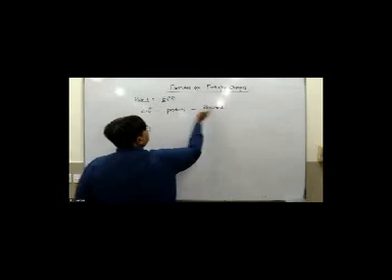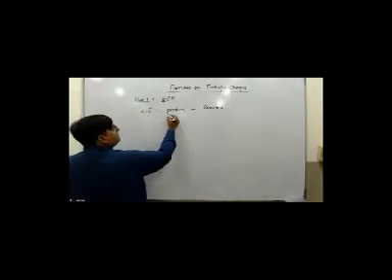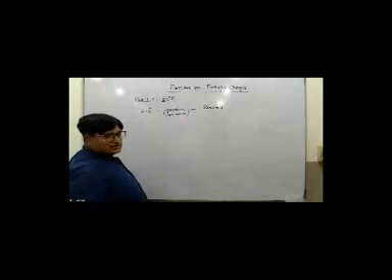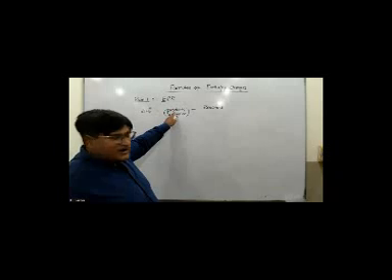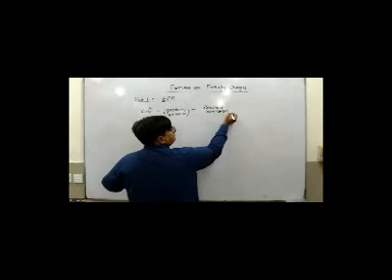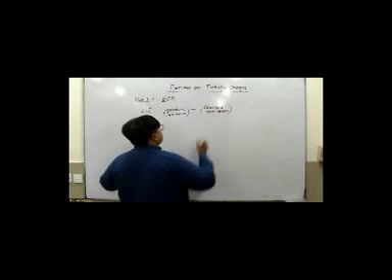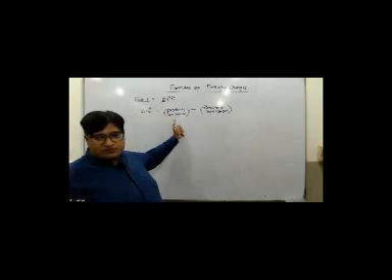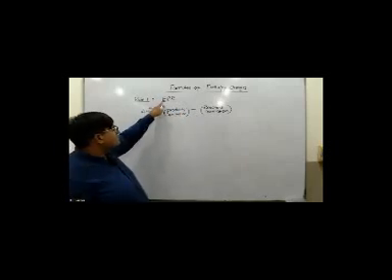So when should you use this formula? When the values of the formation are given in the question. So what should you do? You should subtract the reactants' formation from the products' formation. So this is the first rule.